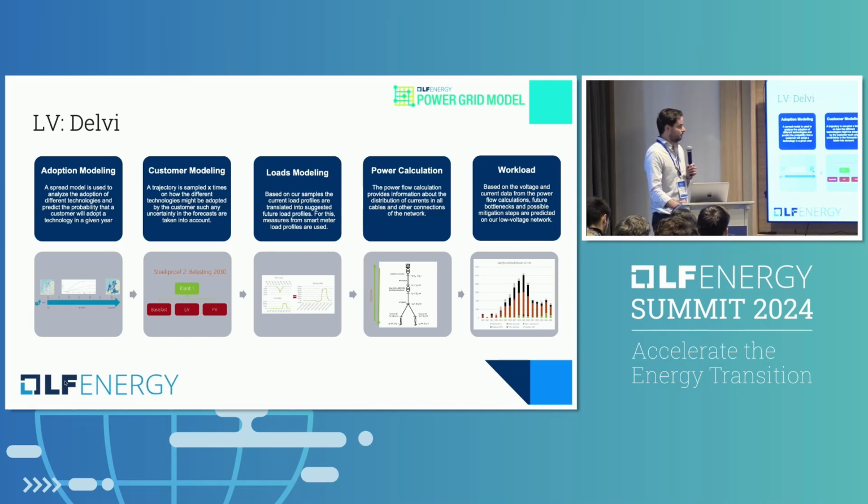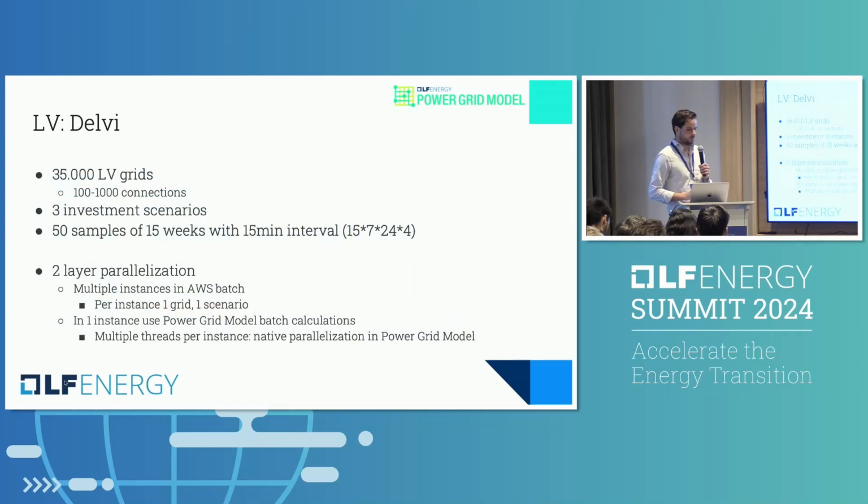And then, for now, I'd like to zoom in onto the power flow calculations that they do, because there are many. So for Alliander, we have 35,000 low voltage grids, where each low voltage grid typically exists of 100 to 1,000 connections.